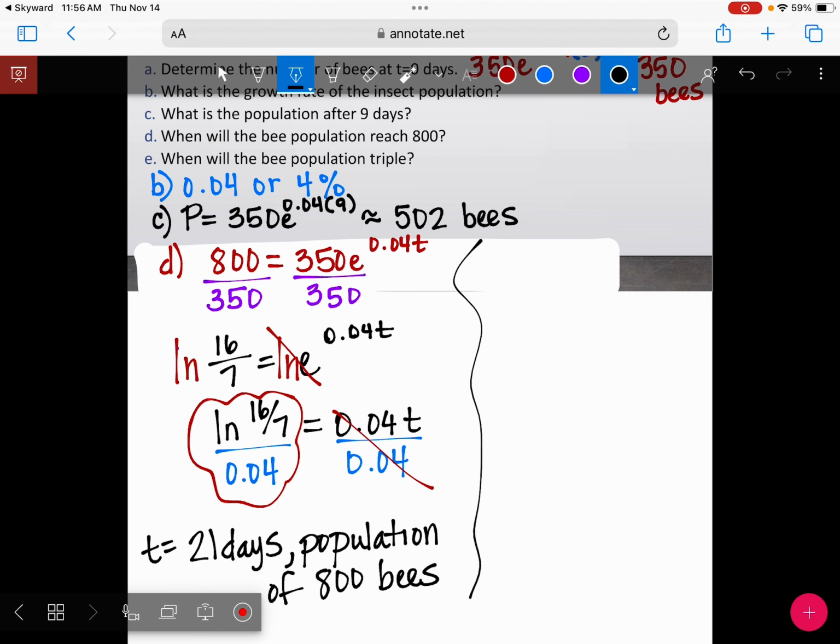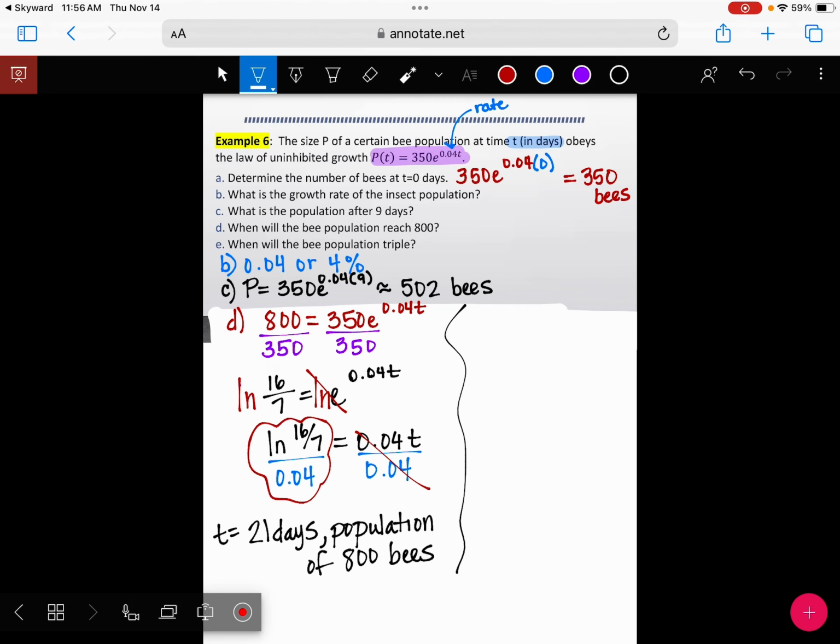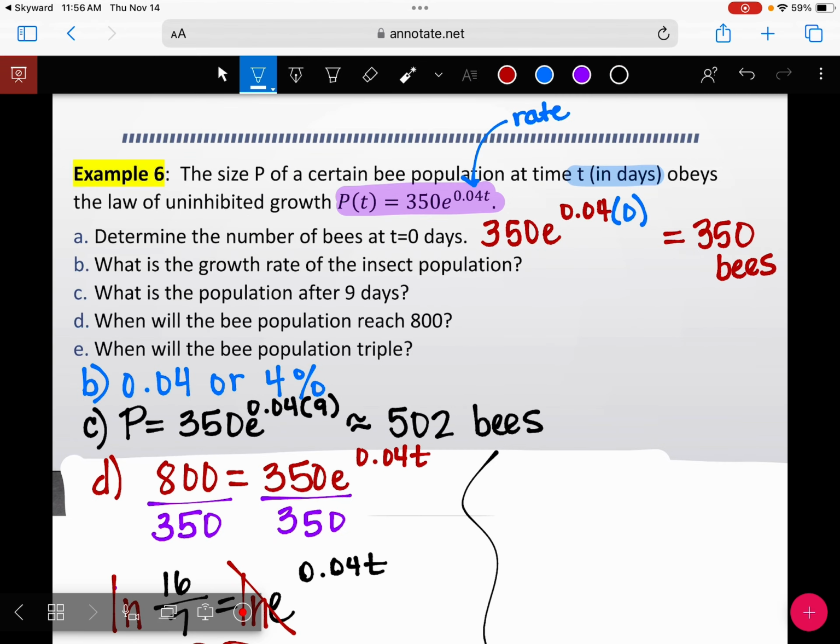All right, and then our last part, part E, says when will the bee population triple? If I want to know when it's tripling, keep in mind that in part A we started with 350. So to figure out the population when it triples, we take 350 times 3, and 350 times 3 is 1,050.